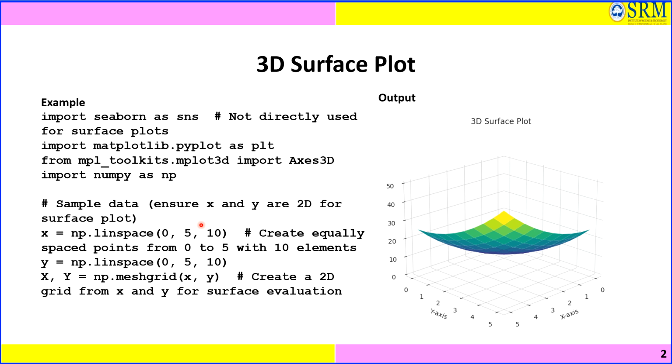Suppose 0, 0.33, 0.66, 0.99, in this way it will give 10 values from 0 to 5. Similarly, we can generate the y values.